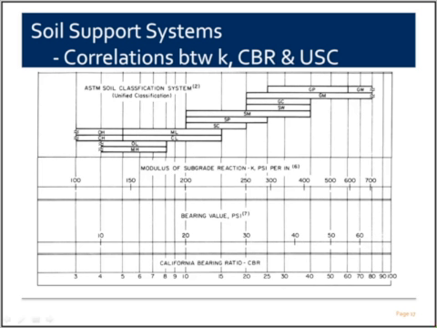And if you were to get, say, a California bearing ratio of 4, that corresponds to a K of 125. And you might want to double check if you're like a soil type ML, which doesn't necessarily get there. Maybe there is something going on with moisture or with your classification, so you might want to double check.